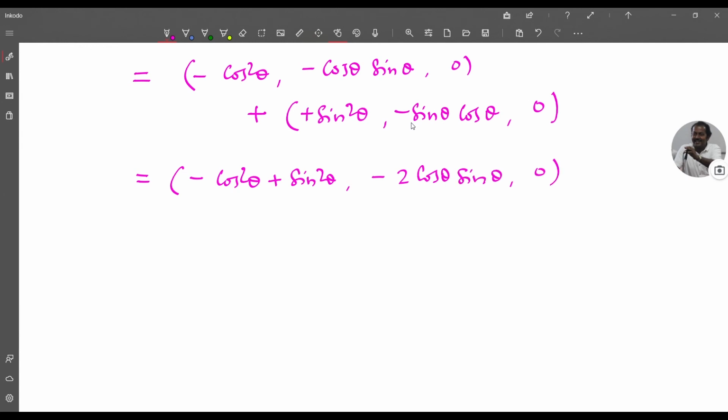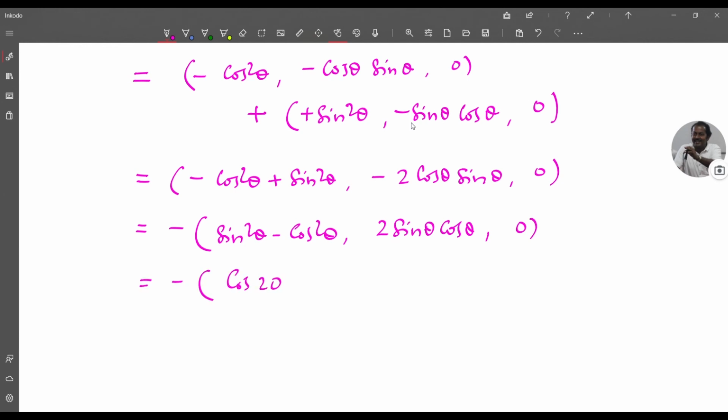So this is minus of sin square theta minus cos square theta, 2 sin theta cos theta, 0. So this is minus cos 2 theta, sin 2 theta, 0.